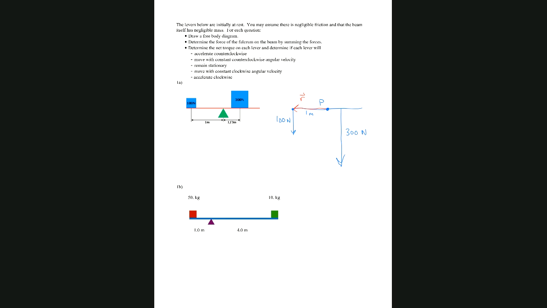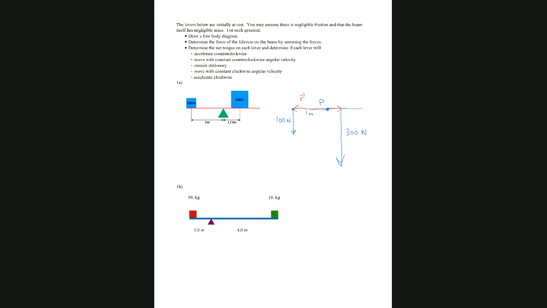And let's draw an R vector for the 300 Newton force as well. All right, at this point, in order to decide whether there will be a net torque on the system, we have to calculate the torques that are caused by each of these forces.